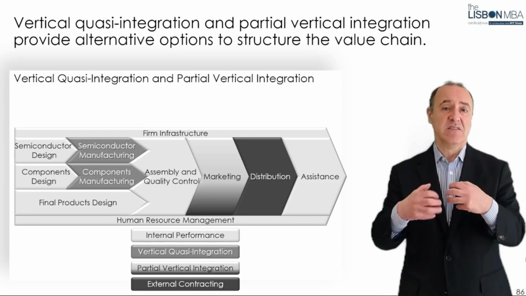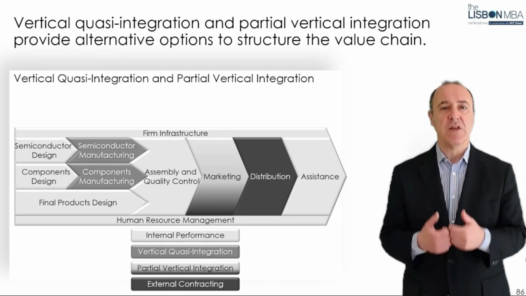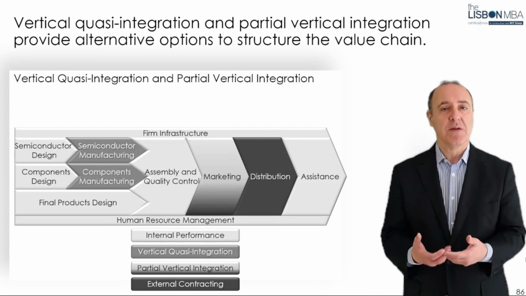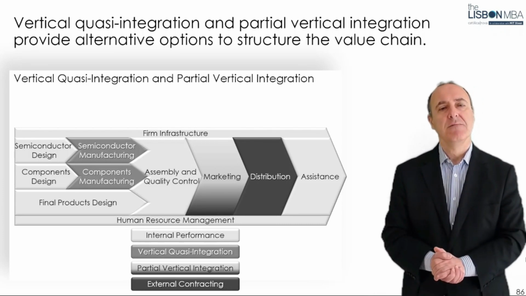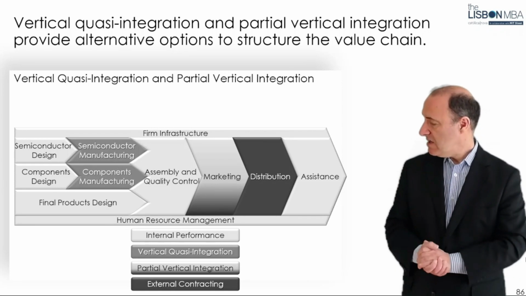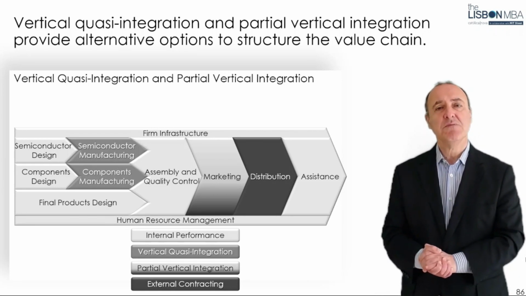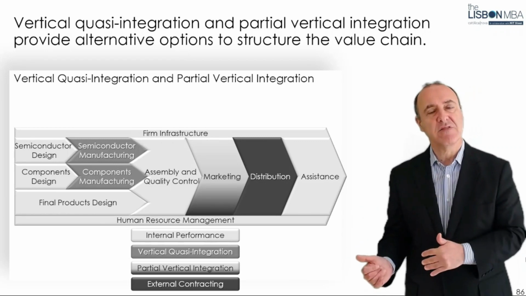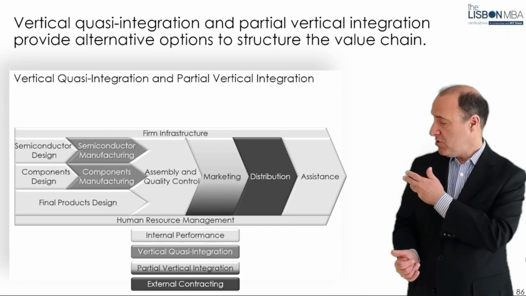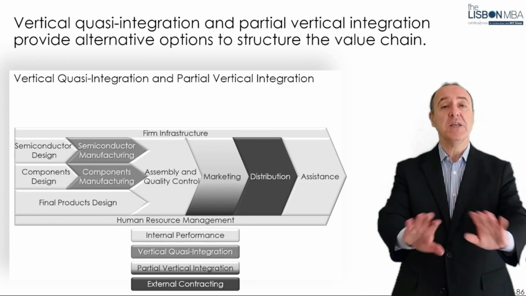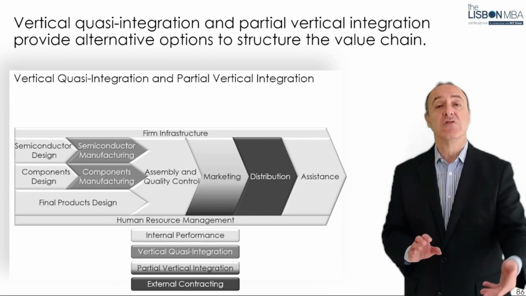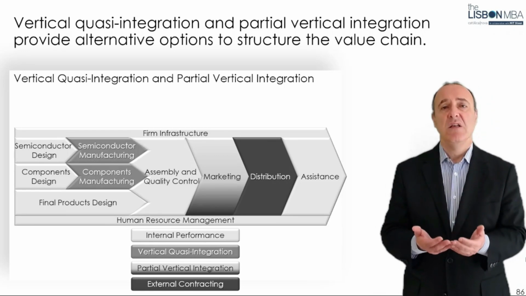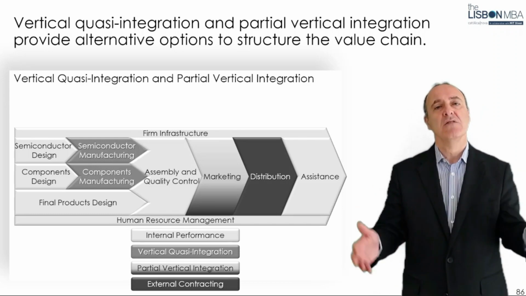Then they undertake internally, so they integrate vertically, the assembly and the quality control of their products, to make sure that they're well done, and then they move on to the marketing through partial vertical integration, which means that they undertake some marketing activities and they subcontract other marketing activities. Okay? Then distribution, so retailing and so on, is completely outsourced, so that's external contracting, right? So they do not integrate distribution, they only work with external retailers.